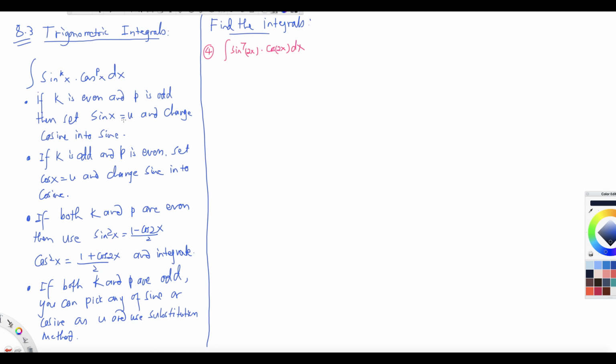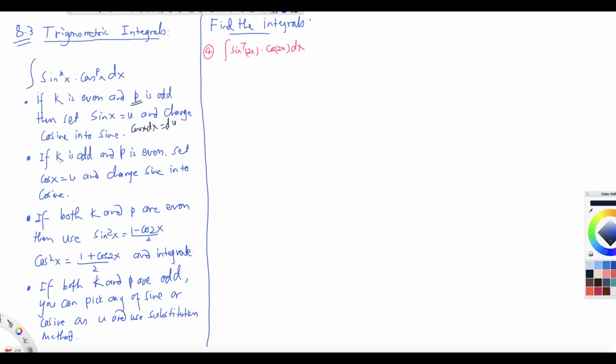Because when you do sine x equals u, you get cosine x dx will be du, right? So since p is odd, one of the cosine x will be cosine x dx. You will write du, and what is left is cosine to the p minus 1 x. That even exponent of cosine will be changed into sine.